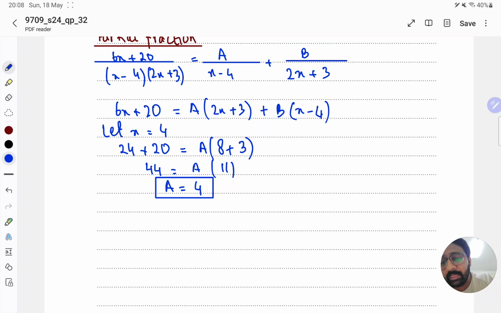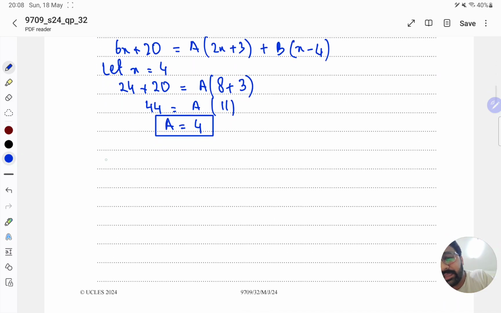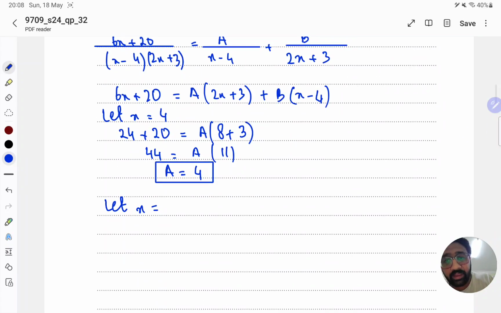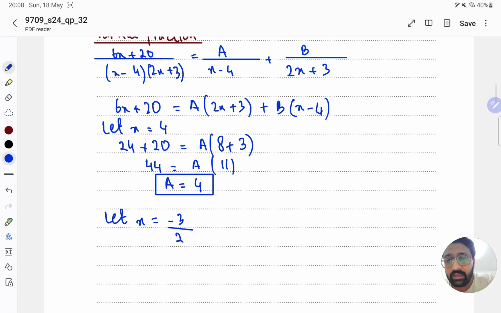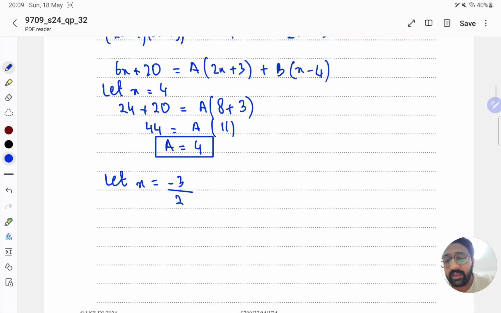Now similarly, I let the value of x be minus 3 by 2. Now I'll substitute minus 3 by 2, and 6 times minus 3 is minus 18 divided by 2 is minus 9 plus 20.